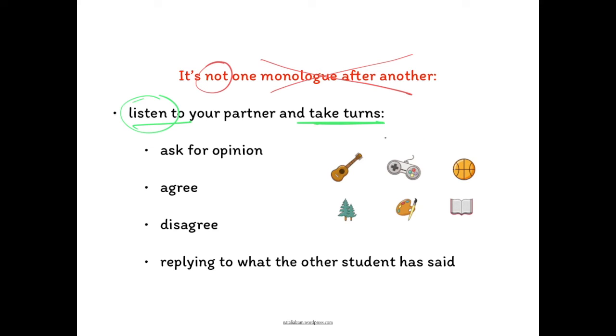You have to show that you have been listening to what your partner said. So say something about playing the guitar, whether you agree or disagree, or whether it might be a good idea, but perhaps let's explore some others, okay? But somehow reply to what the other student has said to show that you have been paying attention and that you are responding to what your partner said.